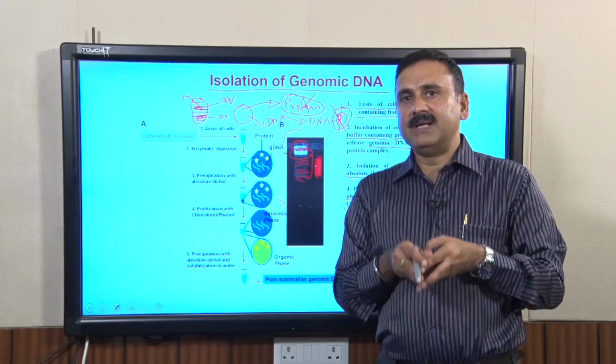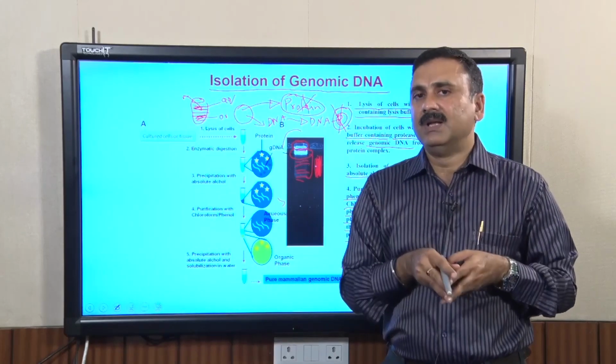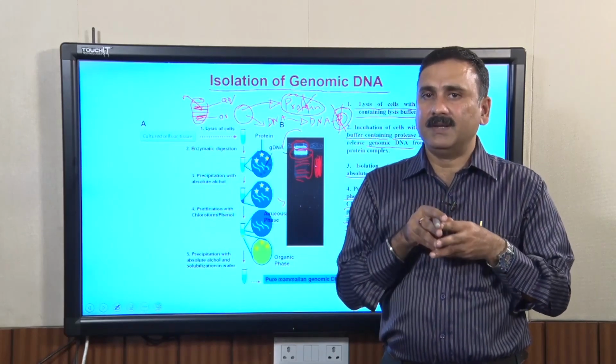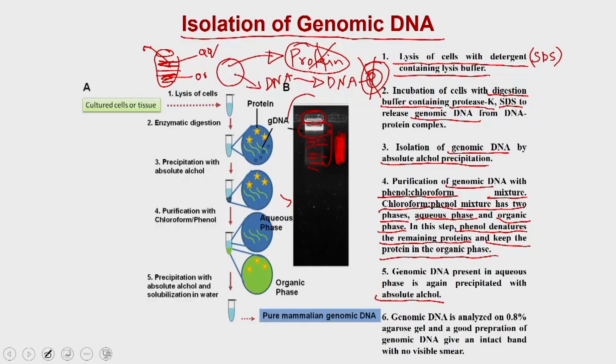So, if that happens, you have to increase the stringency in your process, because every cell has DNases, and these DNases are going to degrade the DNA if you do not do the purification with a lot of precautions and do not follow the subsequent steps meticulously.